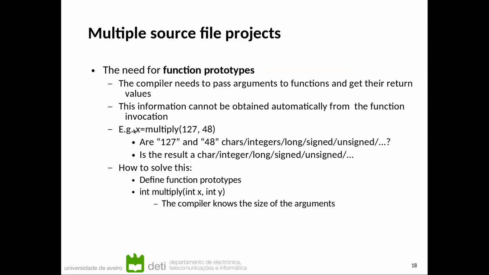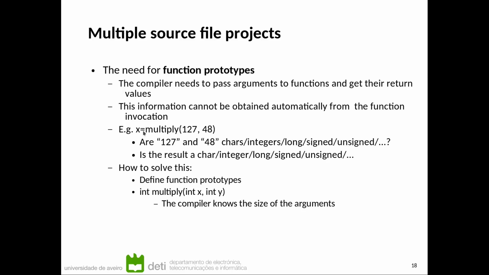So for instance, if I have this example here, x receives the value from a function that multiplies two values. Are these chars, integers, long, signed, and unsigned? And this means, as we have seen, a lot of difference in the memory space and in the place where these things will be stored and where main needs to look for the result at the end.